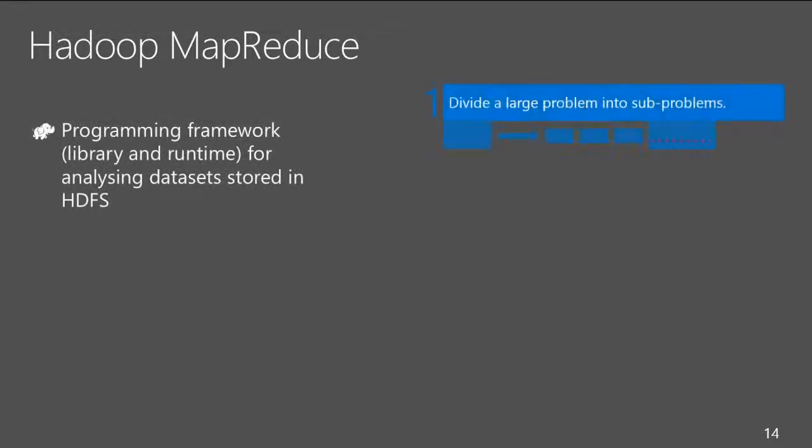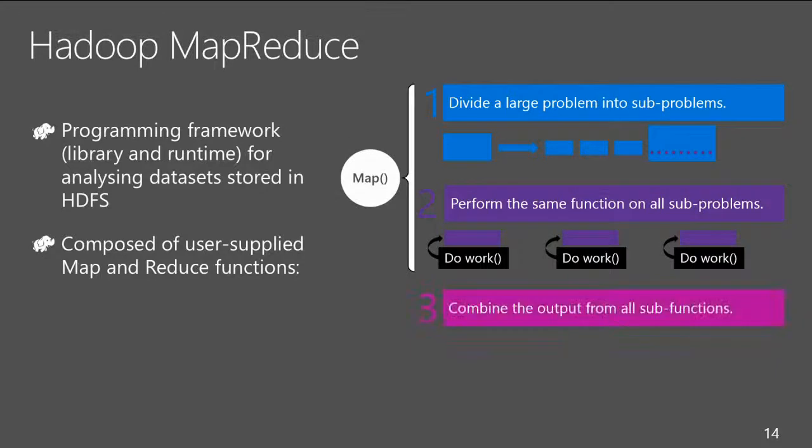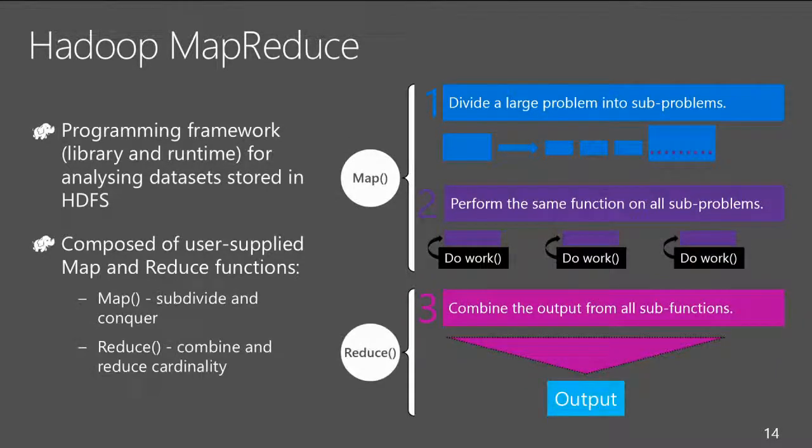MapReduce is a programming framework which allows you to run analysis on data that's in HDFS or an Azure Blob Store in HDInsight's case. Right? It consists of two user-supplied functions, a mapper and a reducer. What is a mapper? A mapper allows you to subdivide your job and then divide and conquer it.